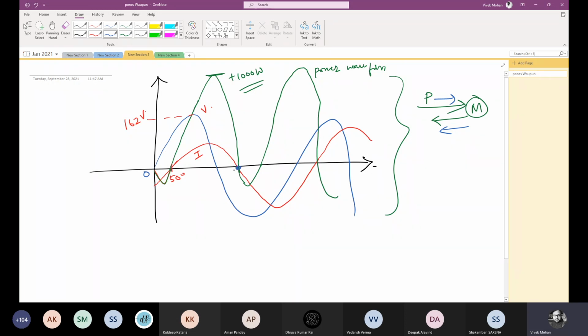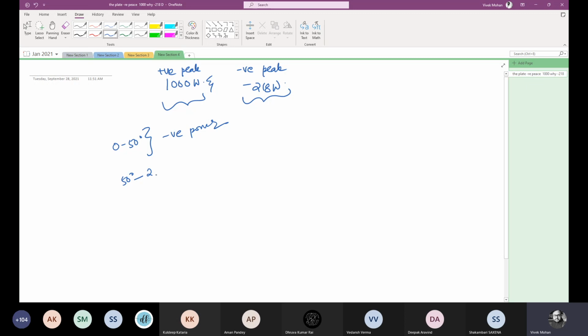If this is 0 and this is 180, this is 230, right? Isn't it? Yes, sir. 230. So 50 to 230 degree, the power is positive. Okay, like that we can write.